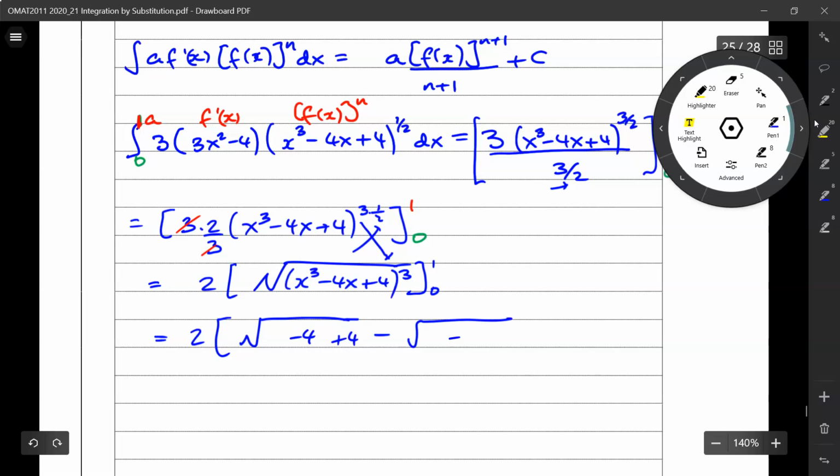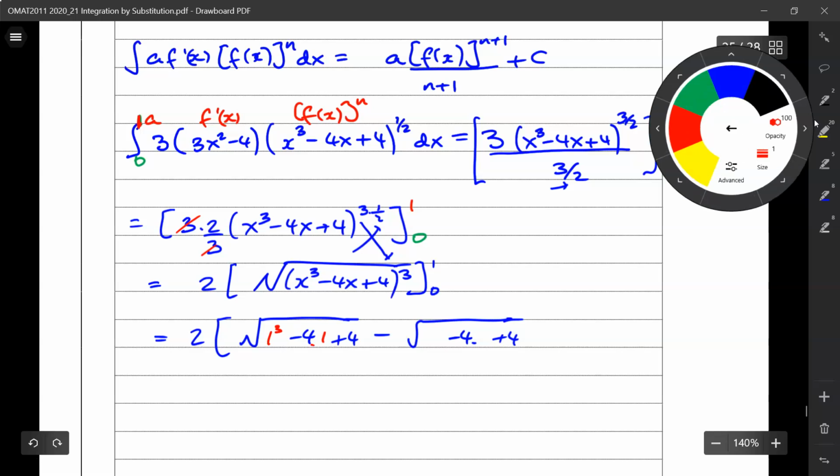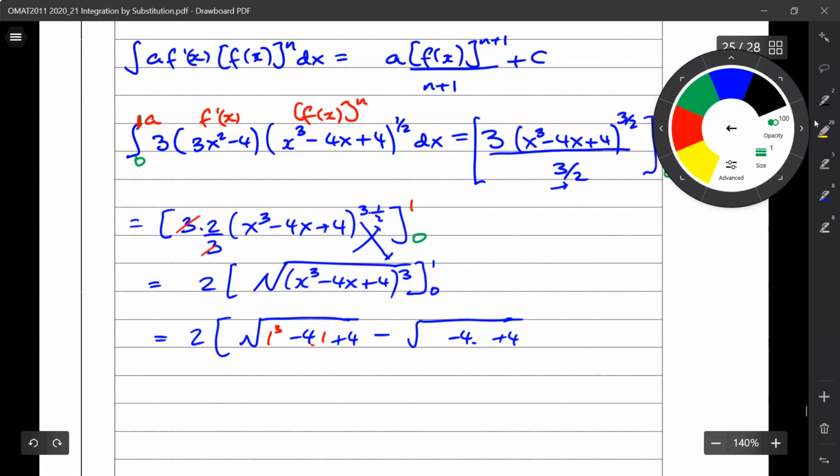I can put the upper and lower values in. So it's 1 cubed minus 4 times 1 plus 4, and this is minus 0 cubed minus 4 times 0 plus 4. And sorry, I left out the cube, so all of this has to be cubed, and of course everything in here has to be cubed.